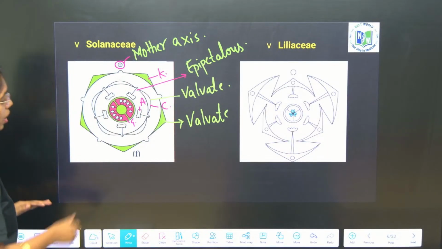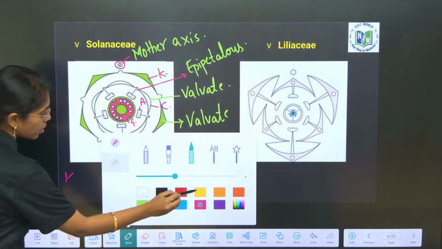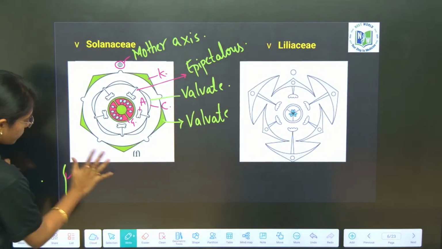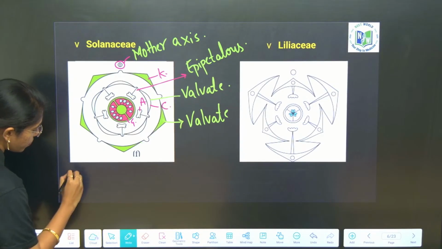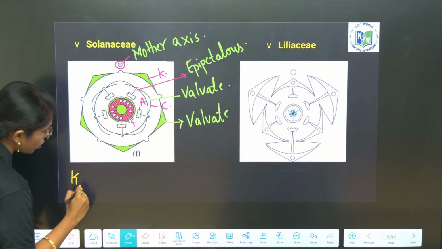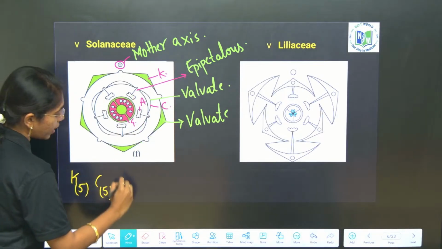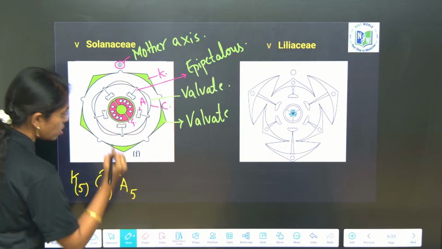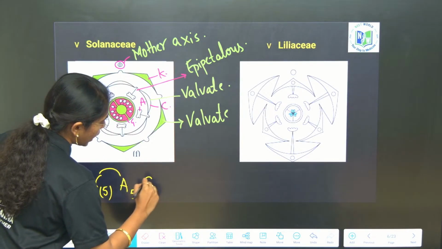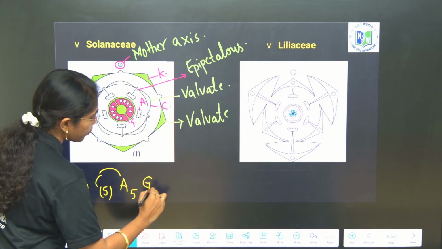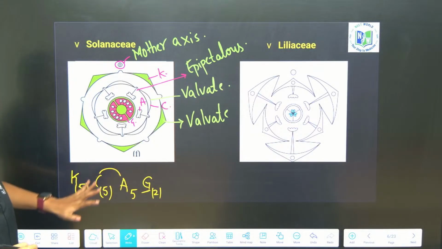So here you see first calyx 5 fused, corolla 5 fused, androecium 5 which are free, and that shows epipetalous condition. Gynoecium is bicarpellary which has superior ovary. Clear, right? This is the floral formula.